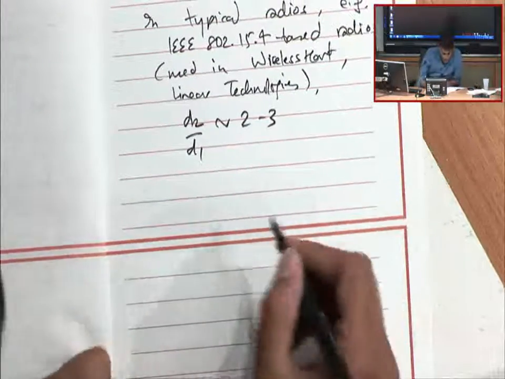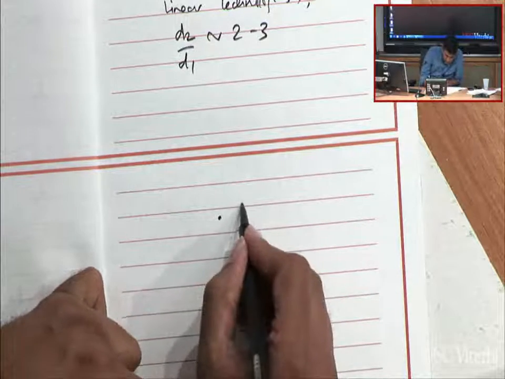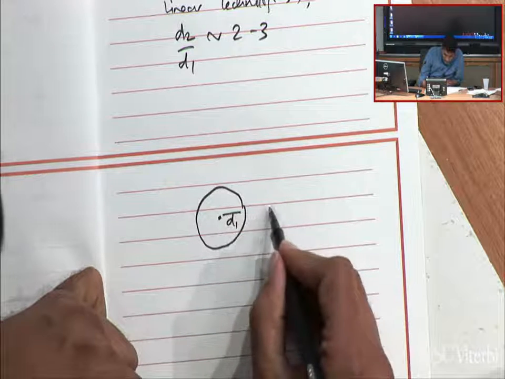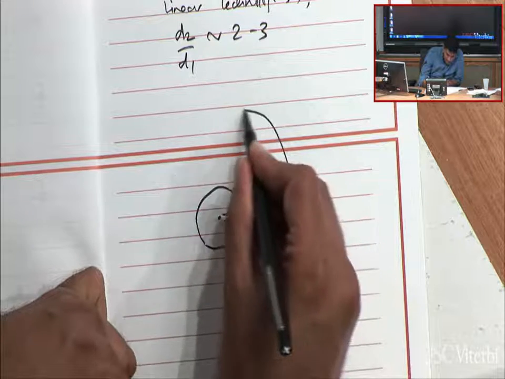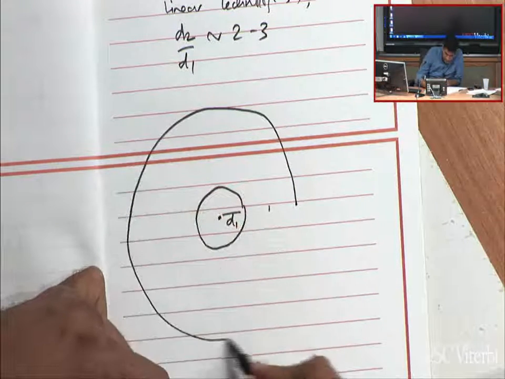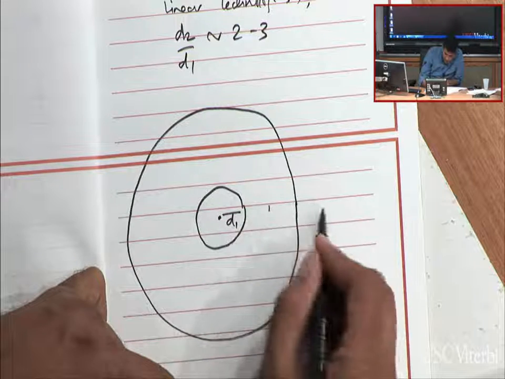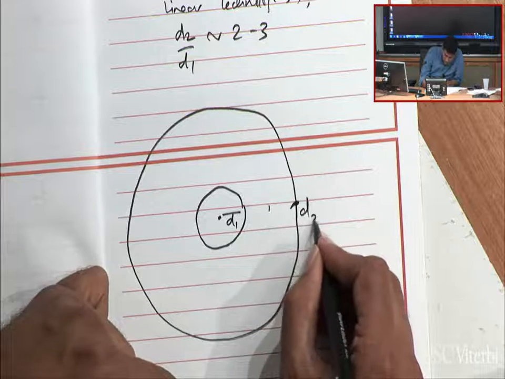Okay, what does that mean? So imagine here's a node, and I draw a circle of radius D1. I draw another circle that's, in this example, a factor of 2, or in this example, I guess a factor of 3. So this is D2.